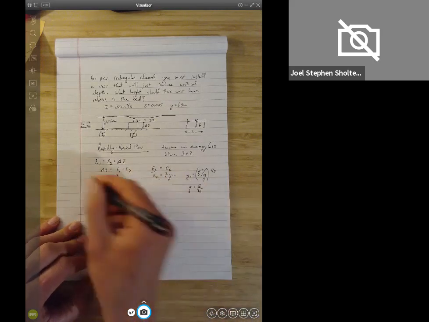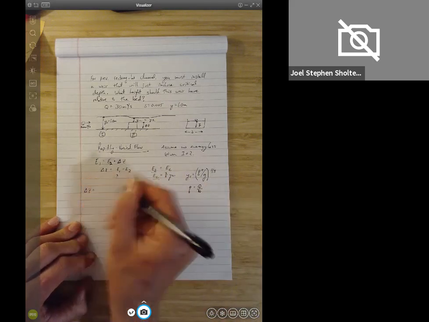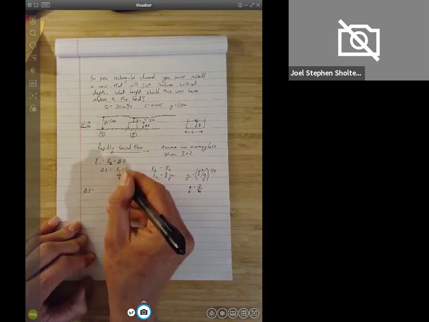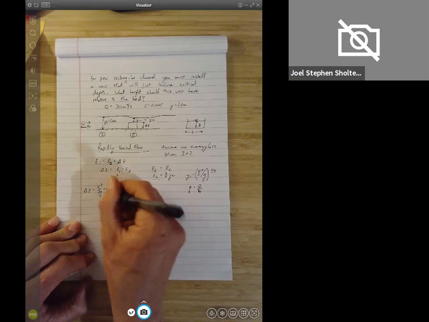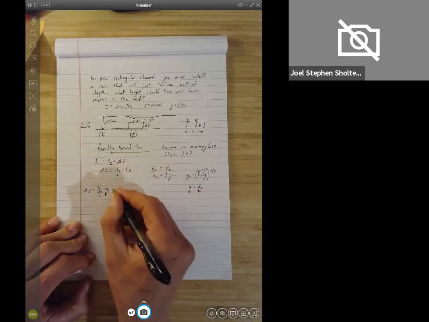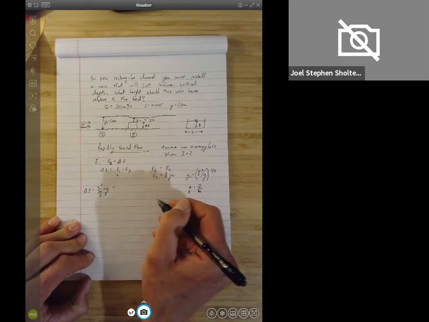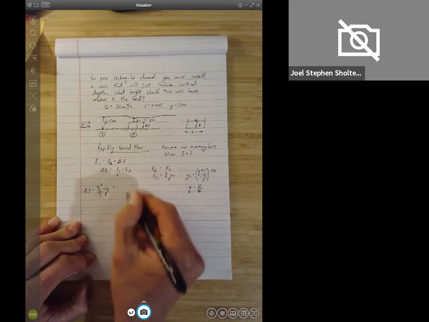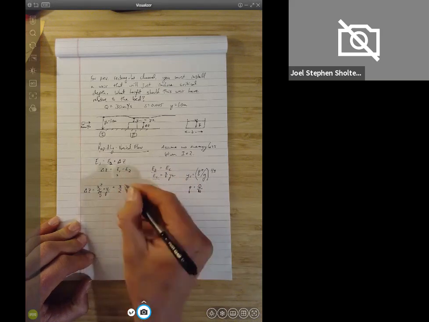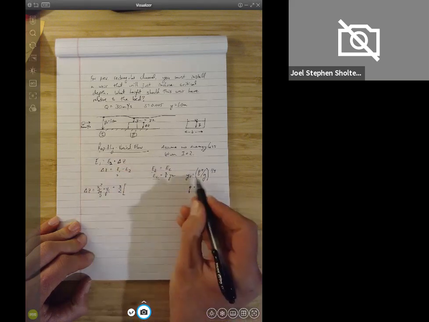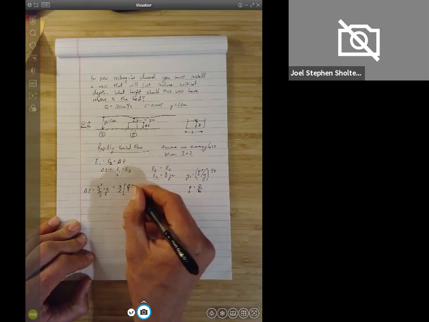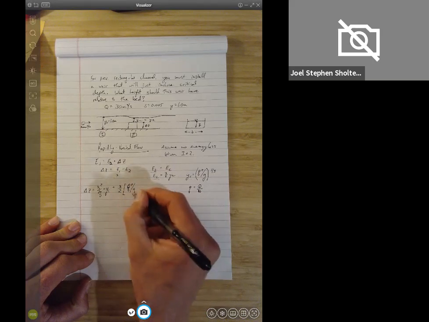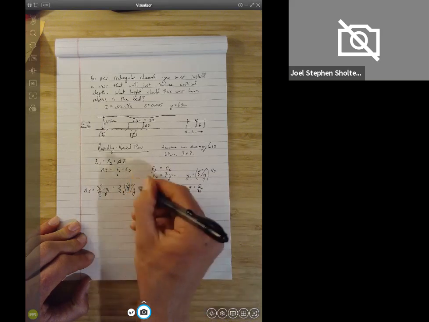So delta Z is going to be equal to E1, and E1 is V1 squared over 2G plus Y1, and then E2 is going to be our critical energy. So that's going to be 3/2 times YC, and then we'll plug in this thing for YC: little q squared over G, to the 1/3.